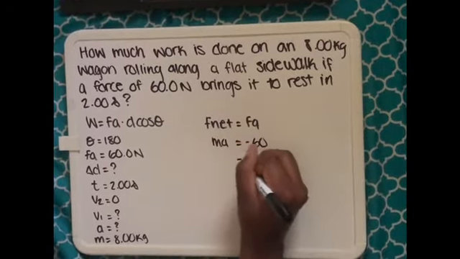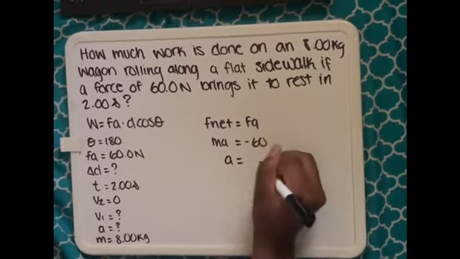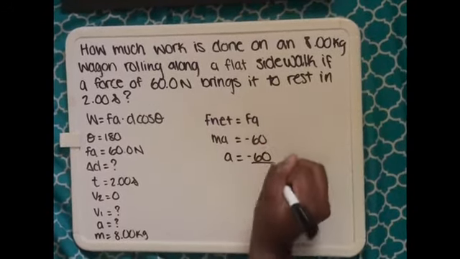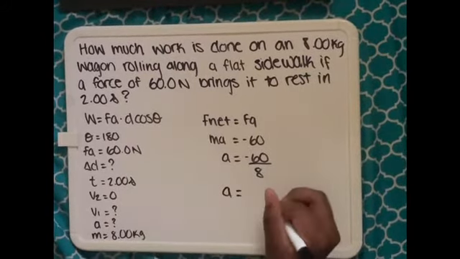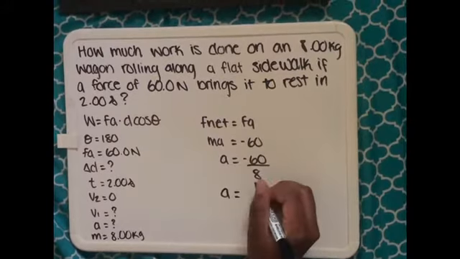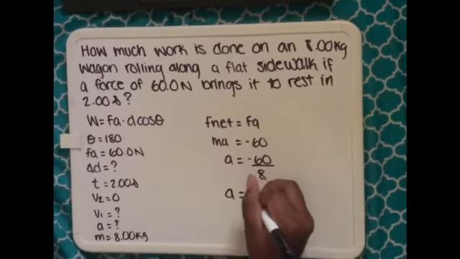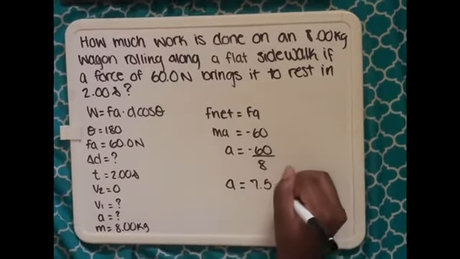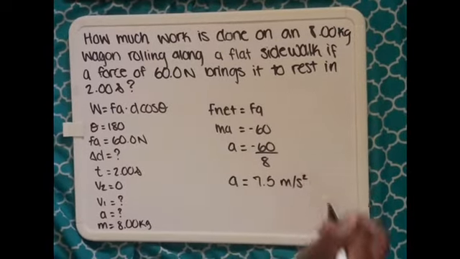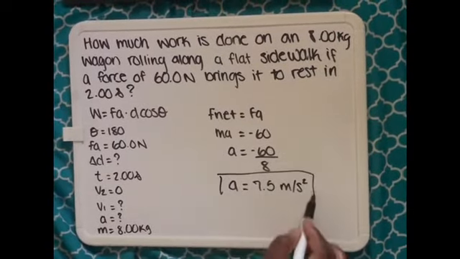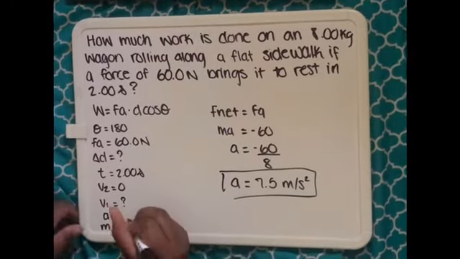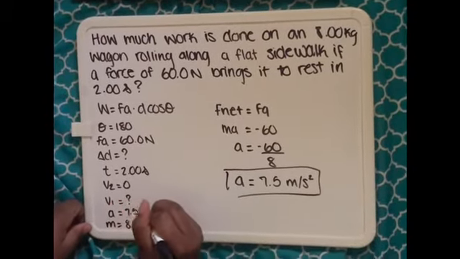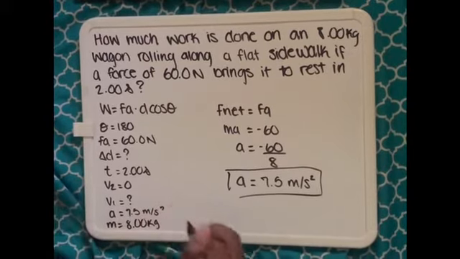And then to isolate a, you will have negative 60 over 8, which leaves you with a equaling negative 7.5 meters per second squared. That is what acceleration becomes. So then we can change this here to 7.5 meters per second squared.